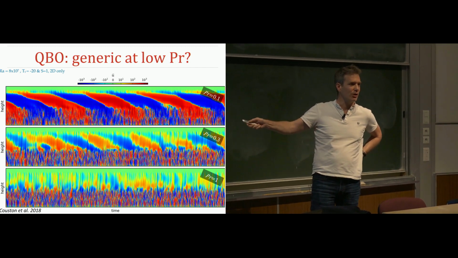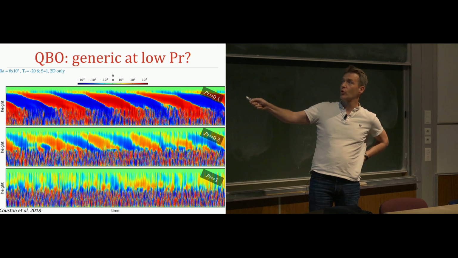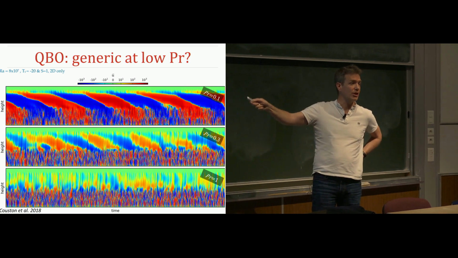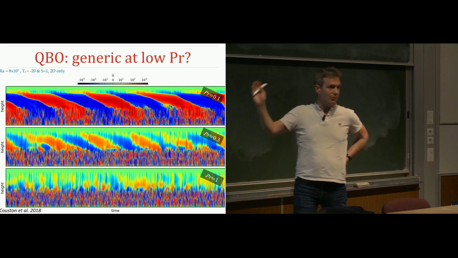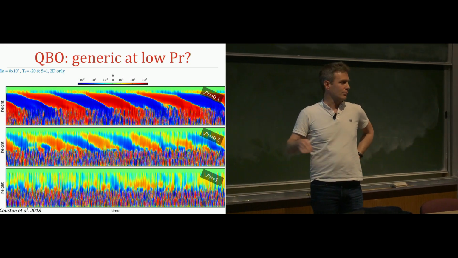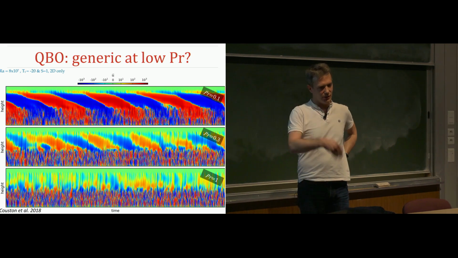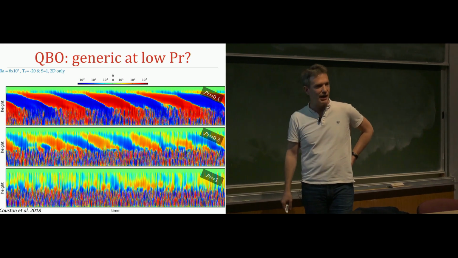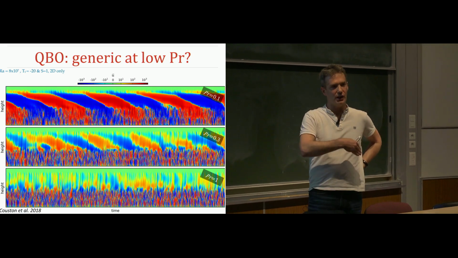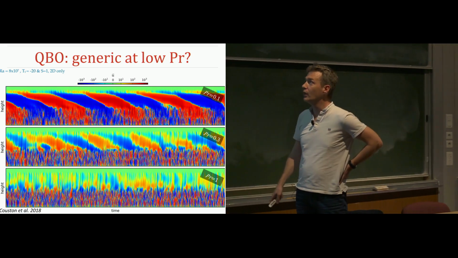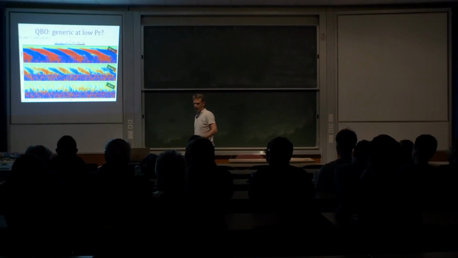You see something, but not really reversal. You really have to go to lower Prandtl number to see the good signature of your system. So yeah, it's a message for people doing atmosphere and stellar interior dynamics. You don't want to take a Prandtl number of 1 if you want to look at some long-term dynamical effects. And I'm actually running out of time already.